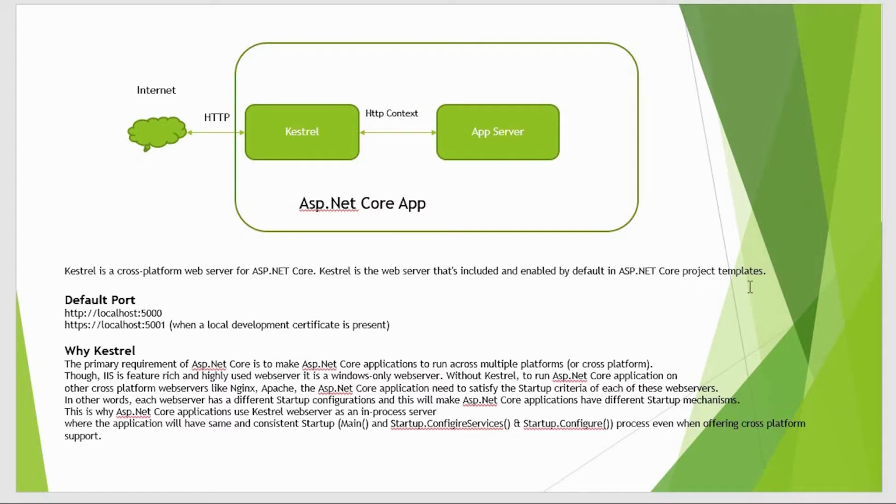So Kestrel is the default methodology for deploying a .NET Core application, so that we should not change the configuration again and again. Many people ask, when we have IIS, Apache, Nginx, different app and web servers, then what is the role of Kestrel? In the latest releases of .NET, Microsoft has introduced the Kestrel web server as an intermediary server, to deploy the application onto multiple platforms without changing the configuration.